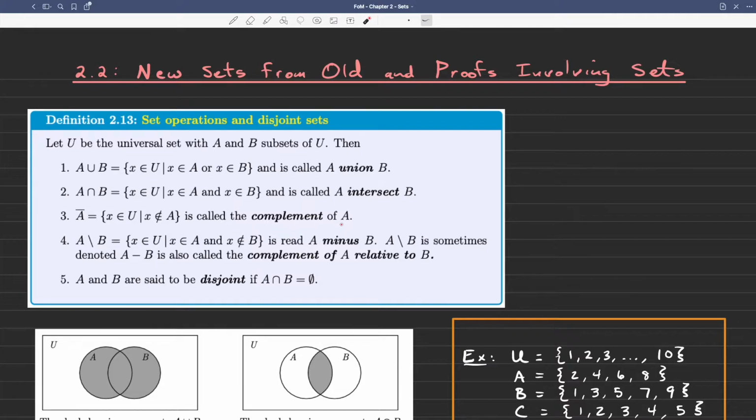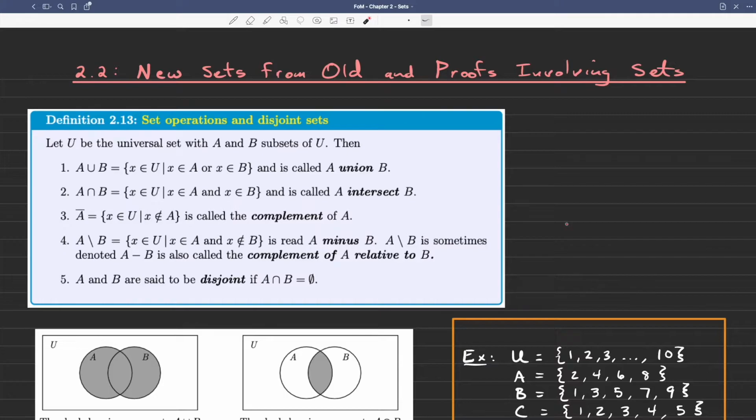So it's like everything outside of A. The fourth part here, we read that as A minus B. So sometimes people use the notation A minus B, like a minus sign, just like you're subtracting. We also call this a set difference.